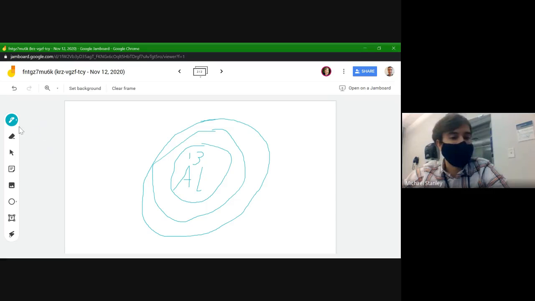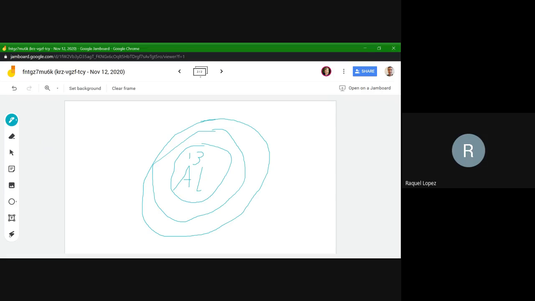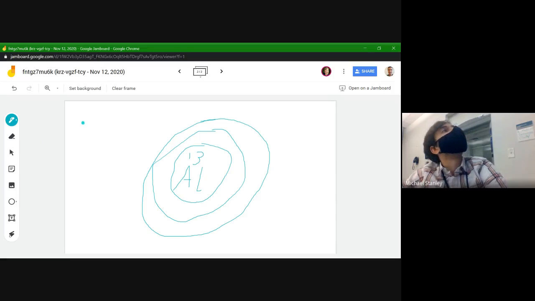So if aluminum has an atomic number of 13, then how many electrons does aluminum have? 13? 13, precisely. So aluminum's got 13 electrons. I'm going to write that down up here so that we remember.